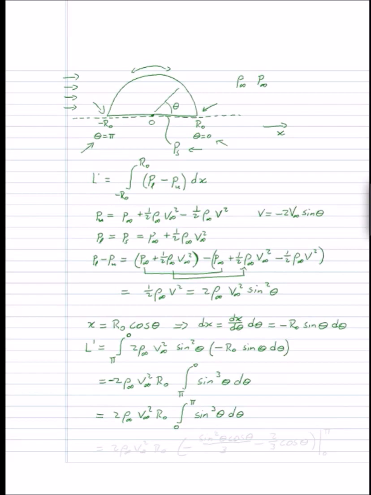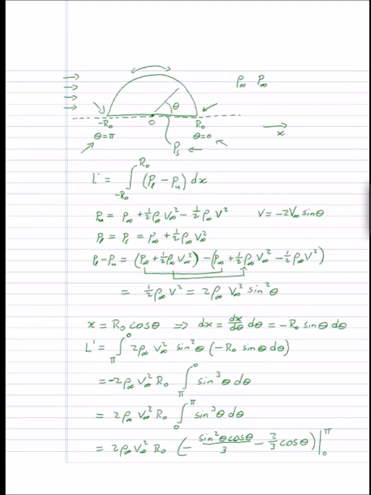And that's a standard integral that we can evaluate. So this is going to be equal to 2 rho infinity v infinity squared r0. And then we substitute our standard integral, which is going to be minus sine squared theta cosine theta, we divide that by 3, minus 2/3 of the cosine of theta, and we evaluate this entire thing from 0 to pi.